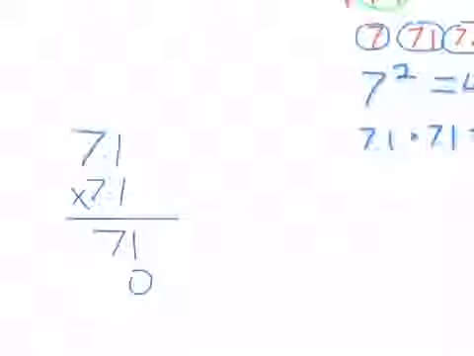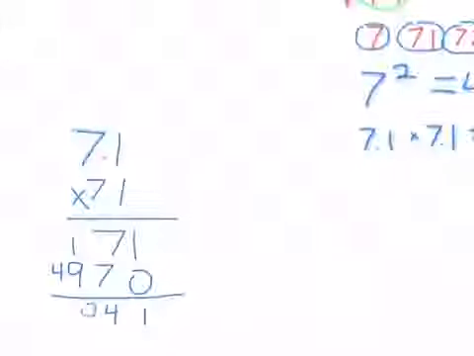Put my placeholder 0, please don't forget that. 1 times 7 is 7, 7 times 7 is 49. All right, add these all up: 1, 7 and 7 is 14, 1 and 9 is 10, and then 1 and 4 makes 5. And if I look here, this is 1, 2 decimal spots. We were talking about this last week, so that's 2 decimal spots.